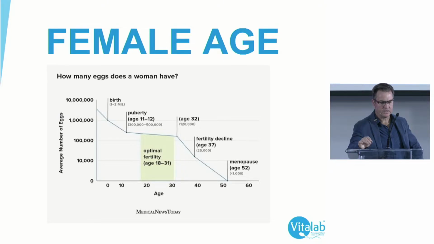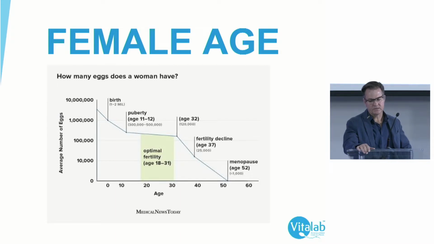With every surgery, the egg reserve will be damaged. So it's rather better to refer these patients and say, have you ever thought about preserving your eggs at a very young age, and having some eggs available as insurance, so that one day when you do want to conceive, you have some eggs in storage.